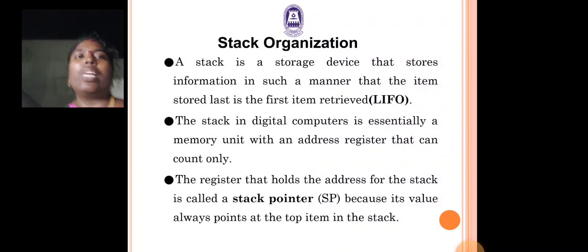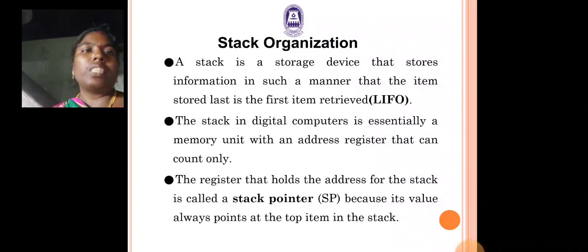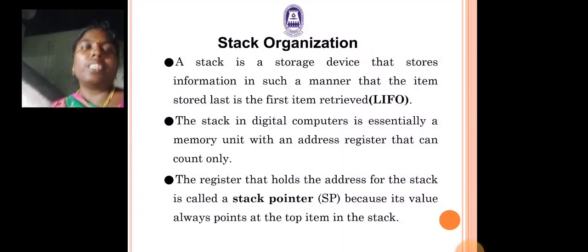That is a good example of stack organization, which is also a storage device that stores information in such a manner that the item stored last is the first item retrieved. The stack in digital computers is essentially a memory unit with an address register that can count only.